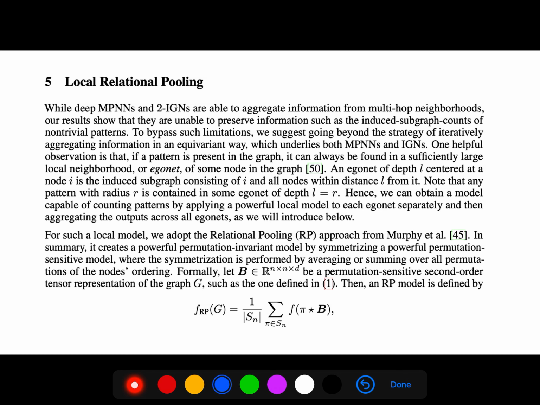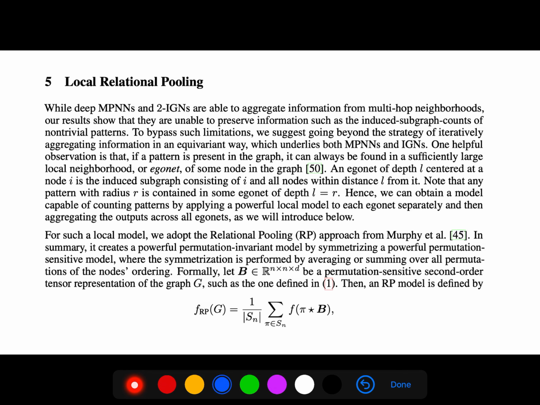Now we talk about local relational pooling. Last video we talked about relational pooling. Now here is a little bit different. While deep message passing neural networks and 2IGNs are able to aggregate information from multi-hop neighborhoods, our results show that they are unable to preserve information such as the induced subgraph counts of non-trivial patterns.